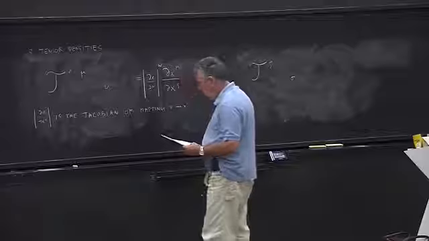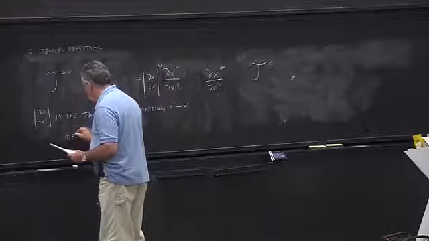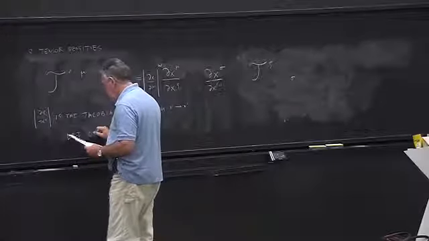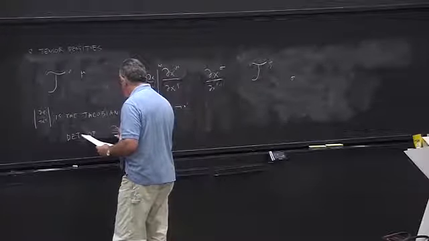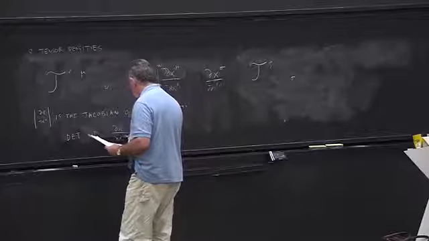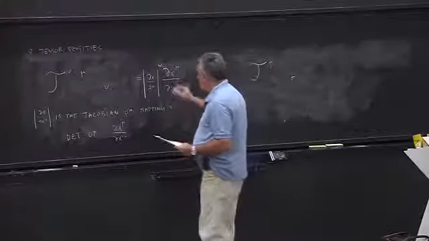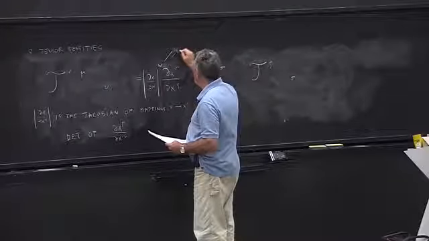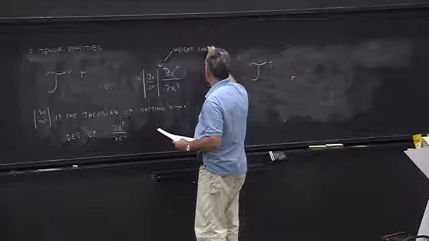By which I mean it's the determinant of the matrix dx mu dx prime mu. And w is called the weight. It's just some constant.